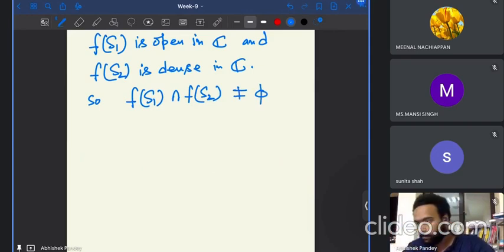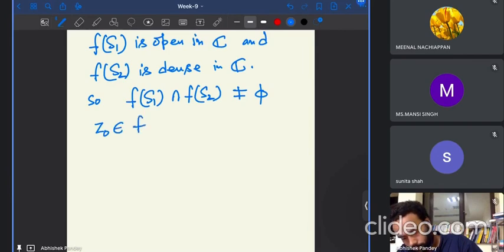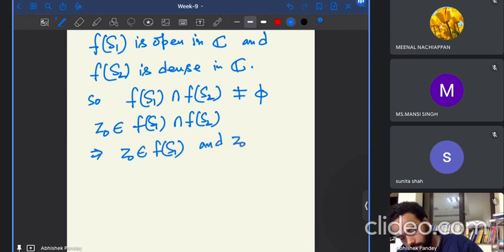So let z naught be an intersection point of f of S1 and f of S2. Then z naught belongs to f of S1, and also z naught belongs to f of S2. What does it mean?